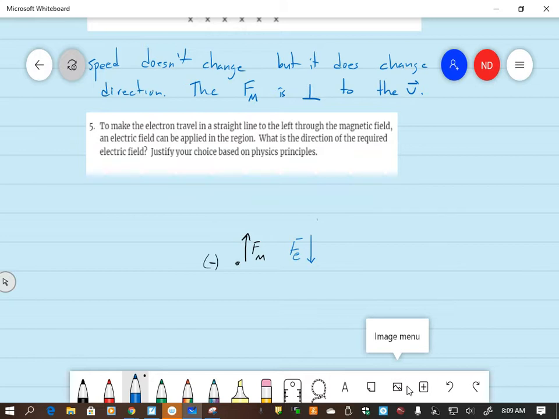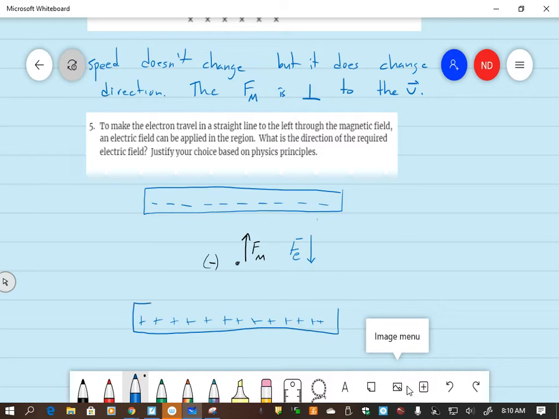We have to put a negative plate up here, because negatives repel negatives, and a positive plate down here. All right, we're going to make a parallel plate capacitor. And this parallel plate capacitor would push an electron down.